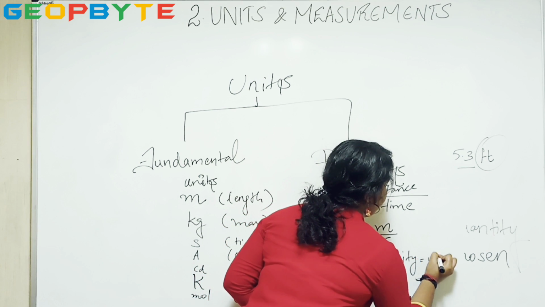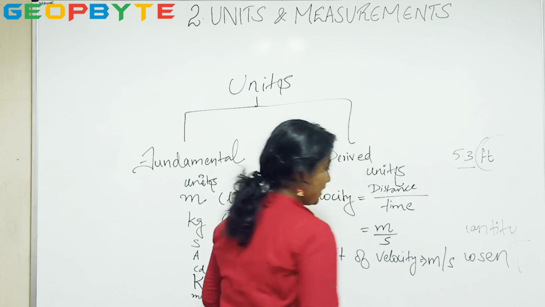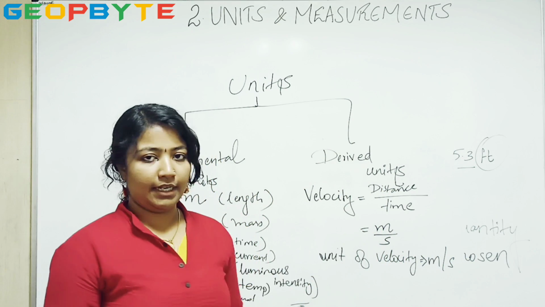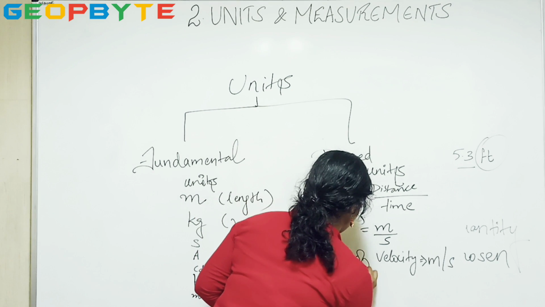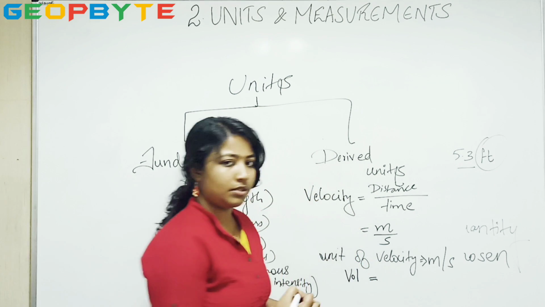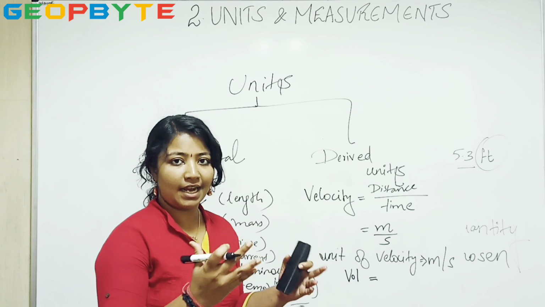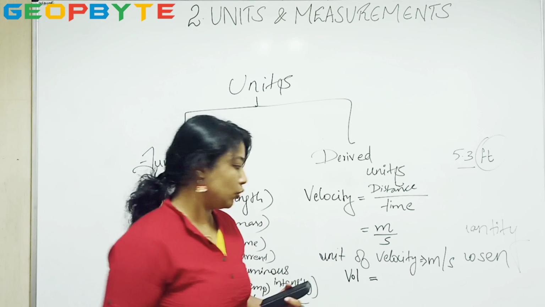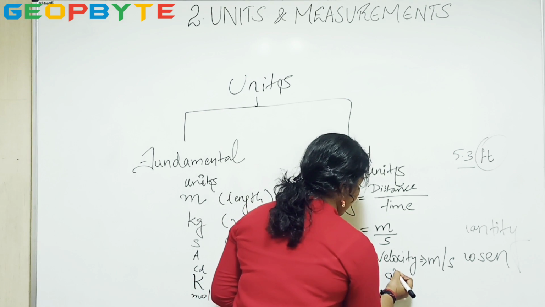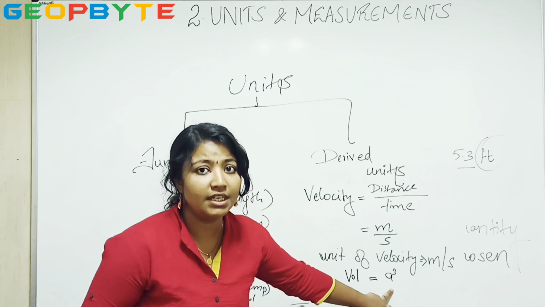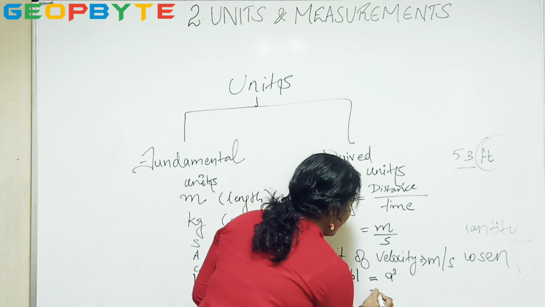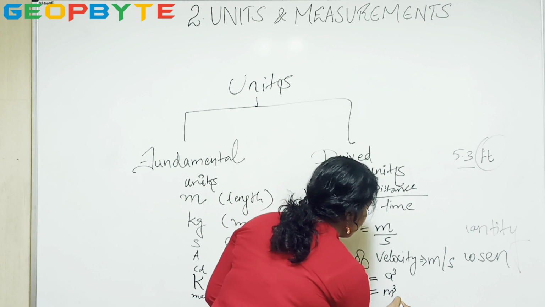So the unit of velocity is meter per second. Similarly, if I am taking volume, suppose I have a cube of side A. The volume of the cube is A cube. Each side is represented in meter, so the volume is meter cube.